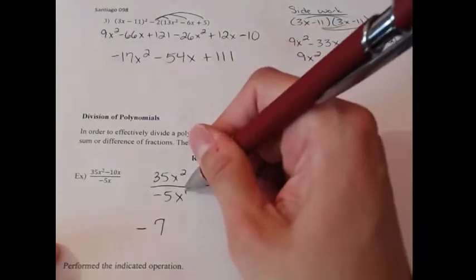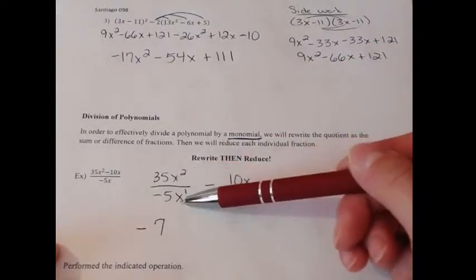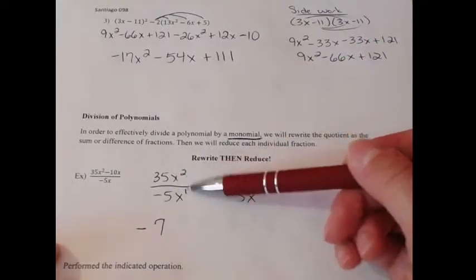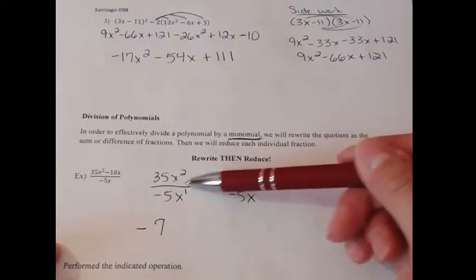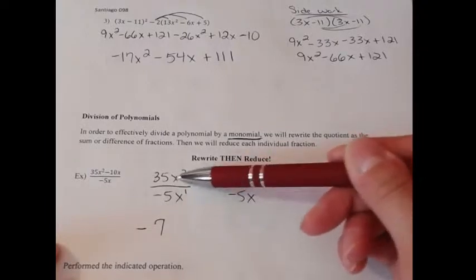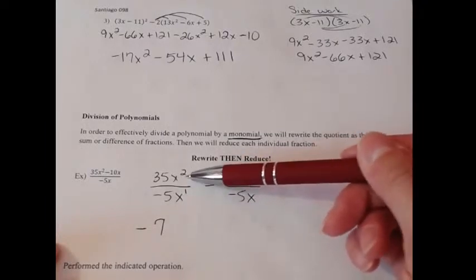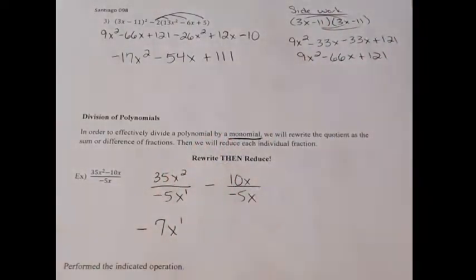Remember, this is an x to the first power. So we're going to apply the quotient rule here, which means we're going to keep the base and subtract the powers and leave it where it's heaviest. If I have 2 x's in the numerator and only 1 in the denominator, when I take 1 away from each, I'm going to be left with 1 in the numerator. So that's going to be right up here with the negative 7.